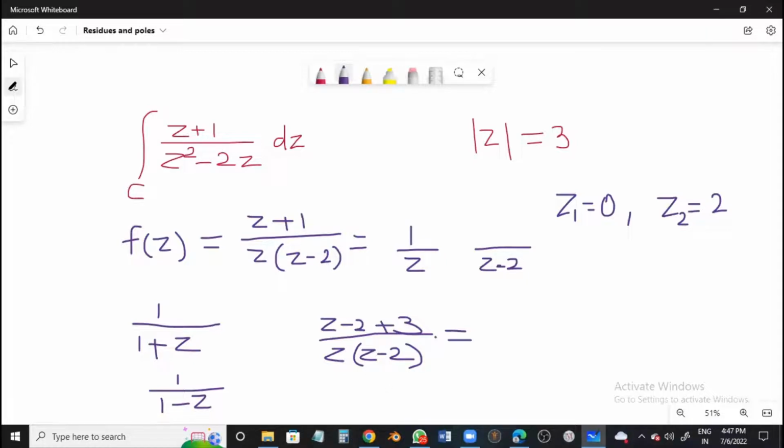And in the next place, what are you going to get? 3 upon the product only. Okay, try to split this as a sum of two partial fractions. So how would you go?